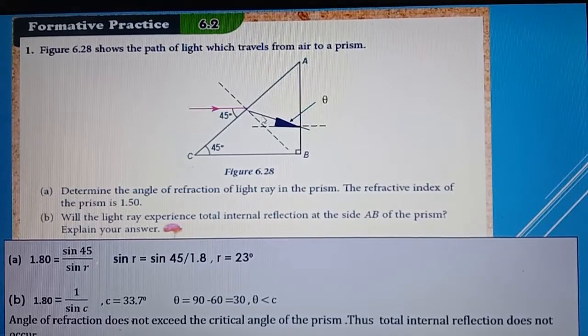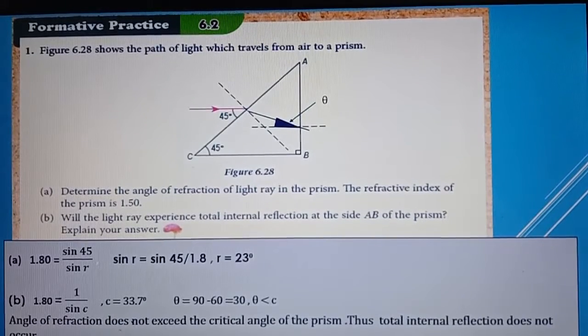B, will the light ray experience total internal reflection at side AB? We need to check the critical angle of the prism. So you calculate the critical angle using the formula n equals 1 over sin C. From here I get C equals 33.7 degrees.